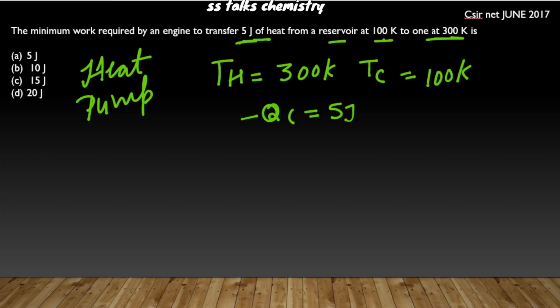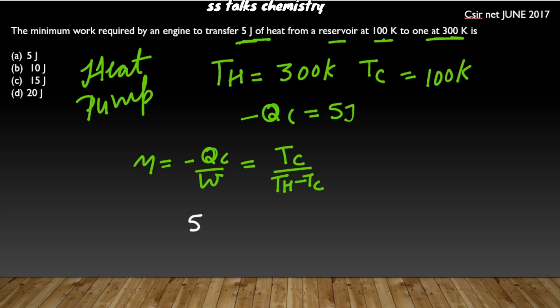So here for the heat pump, the efficiency we have is equal to minus QC upon W, and in terms of temperature this is equal to TC upon TH minus TC. Now the work we have to find. All the rest of the conditions are given to us. So just substitute the values and find your answer.